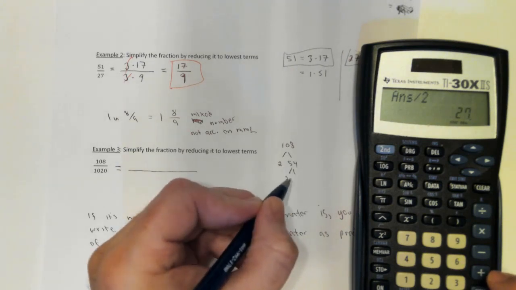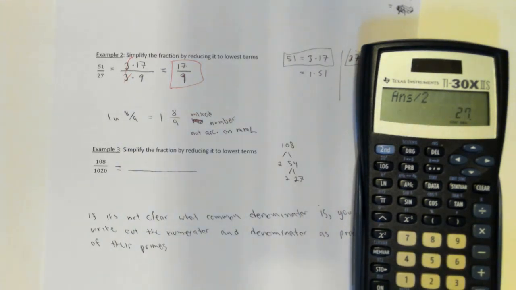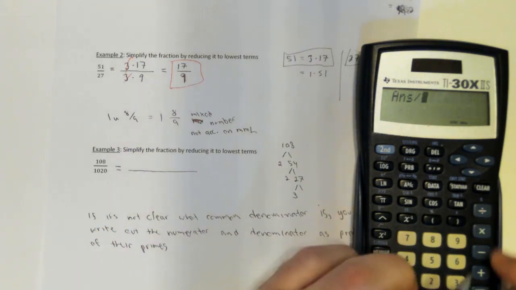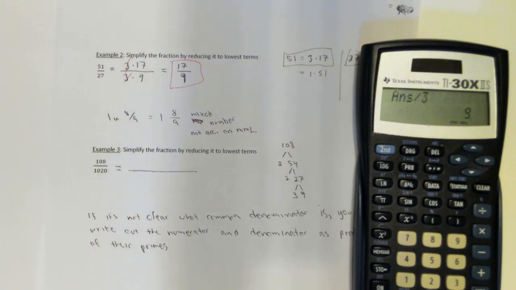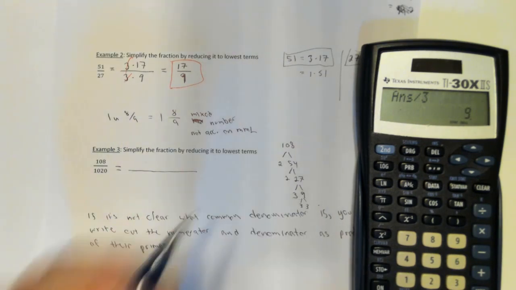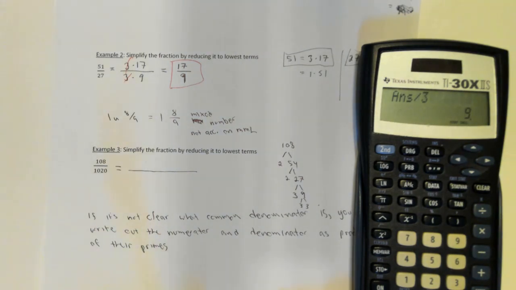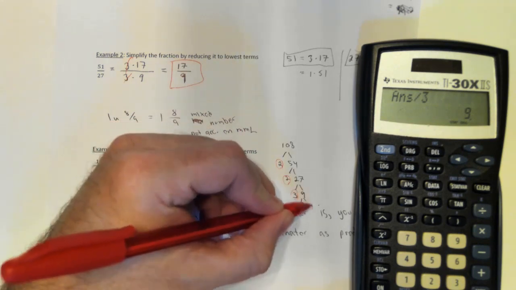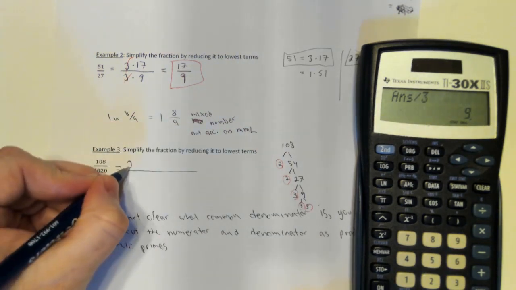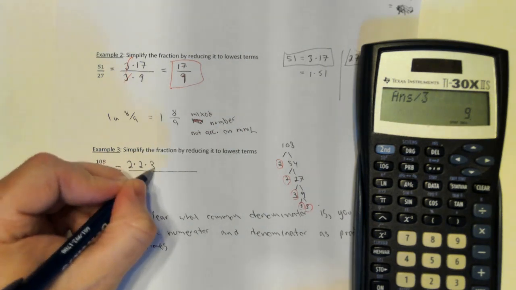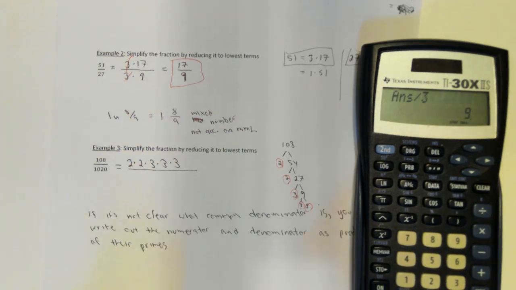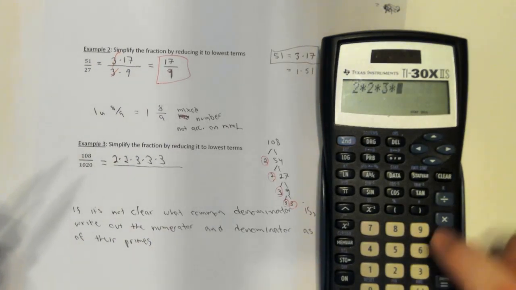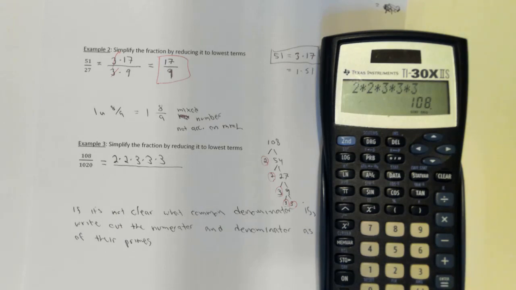So 54 is 2 times 27. 27 is not even, but you should recognize it's divisible by 3. And of course, 9 is 3 times 3. All right, so I will put each of these prime numbers on the top bar. 2 times 2 times 3 times 3 times 3. If you wanted to check, that is in fact 108.